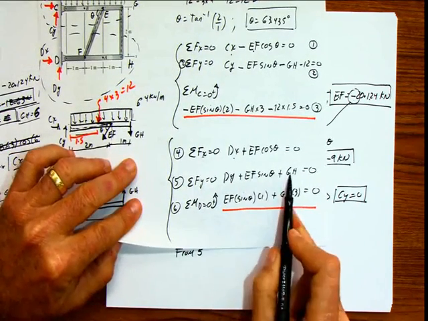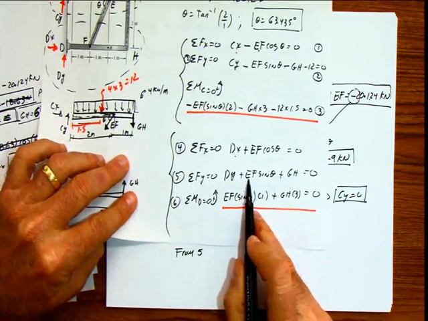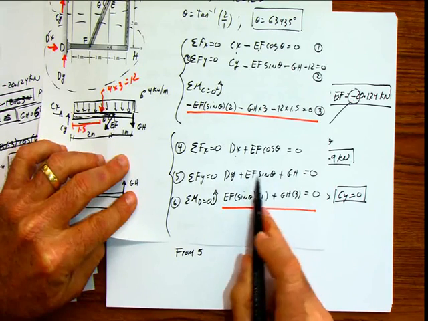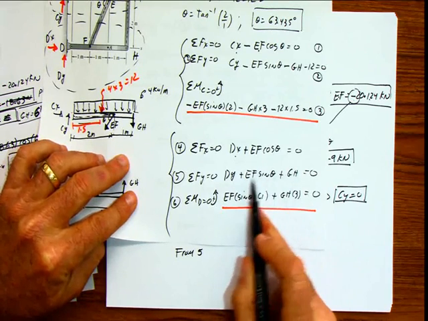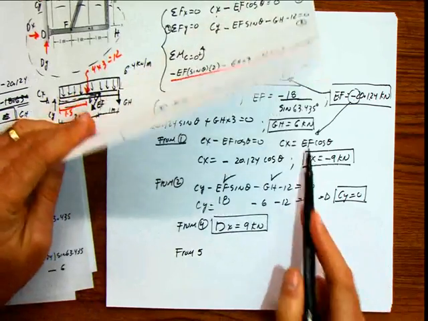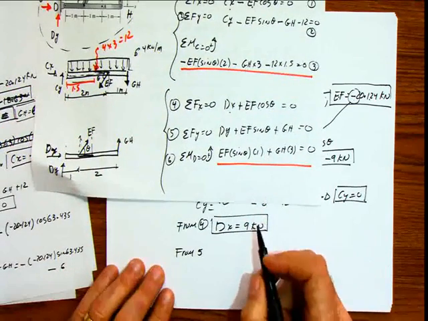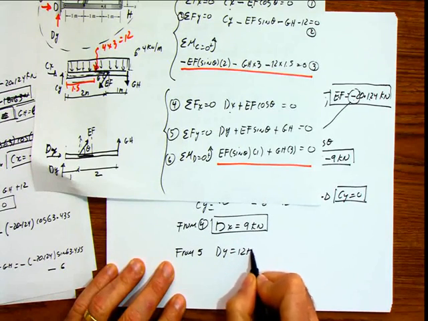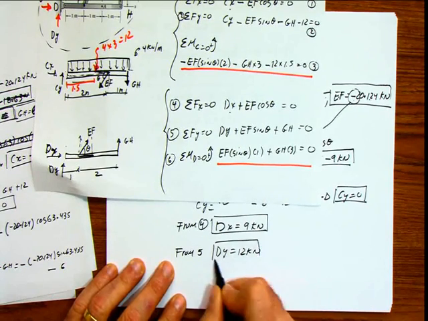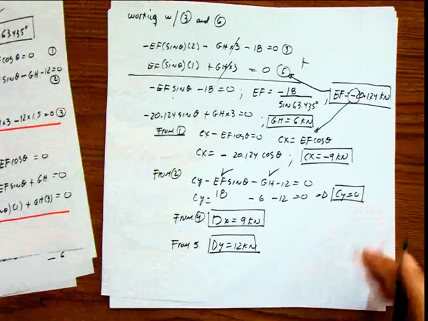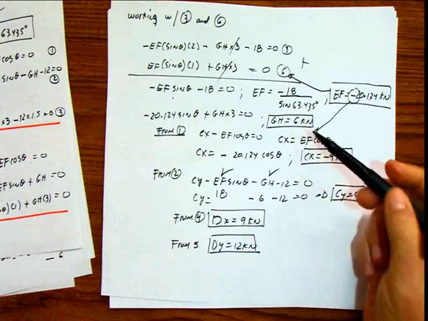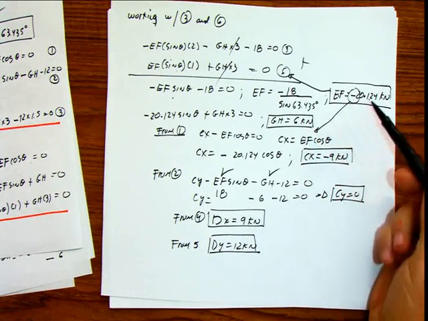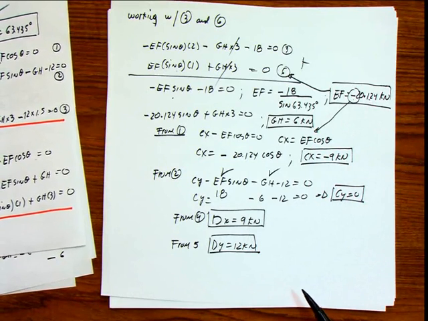I know this and I know this. This is 18, negative 18, and when I multiply, I mean. And GH was 6, so that means that it's going to be 12. From 5, Dy equals 12 kilonewton. And I have 1, 2, 3, 4, 5, and 6. I have my 6 unknowns.